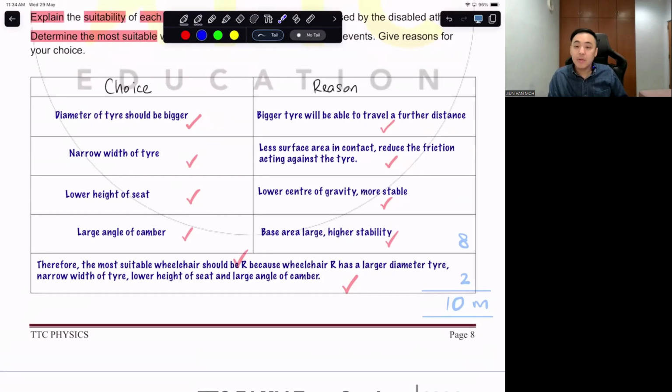Questions regarding this? Are you done? Are you done writing this down? I need to move on already.